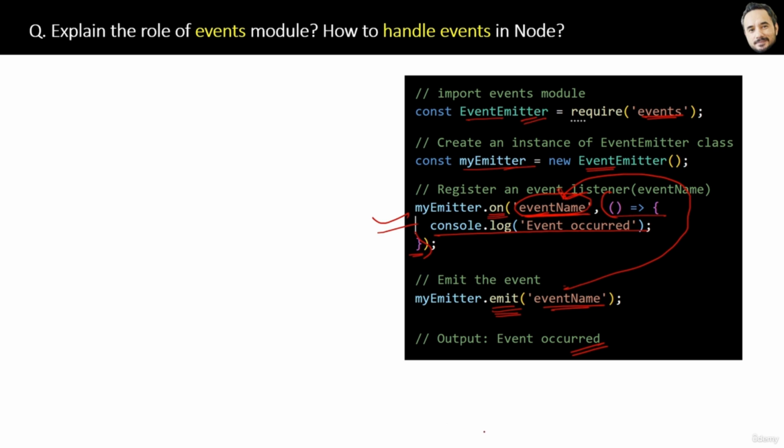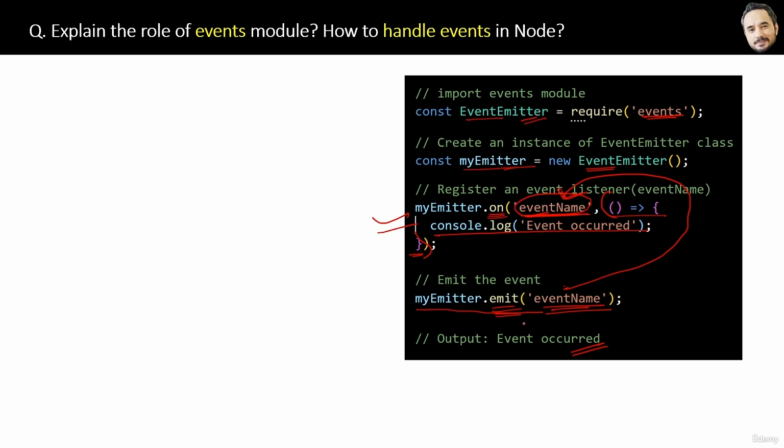Now remember, in a real application you will not emit events like this. You will get some request from the front-end application, and internally in your Node application that request is an event only. Then your Node application will handle it and assign it to the get, post, put handlers, which you will do in your code.